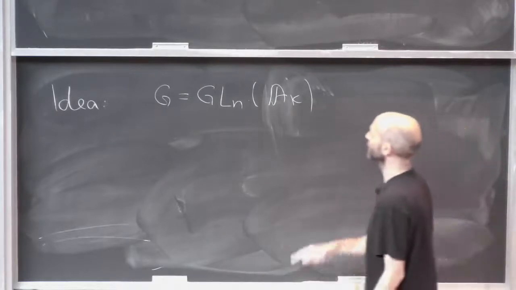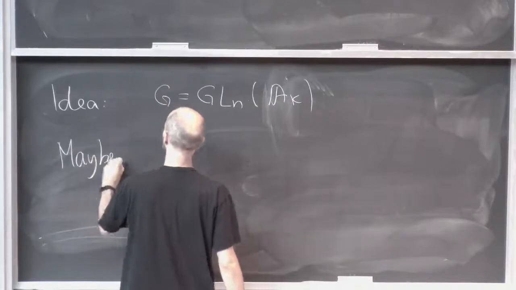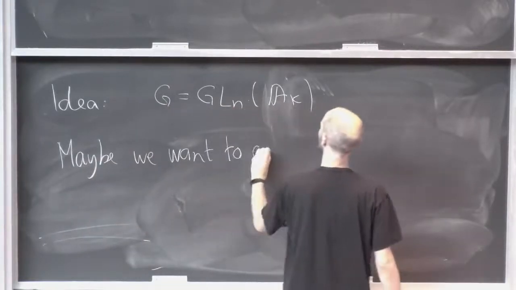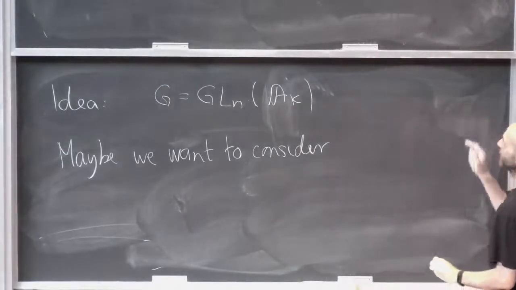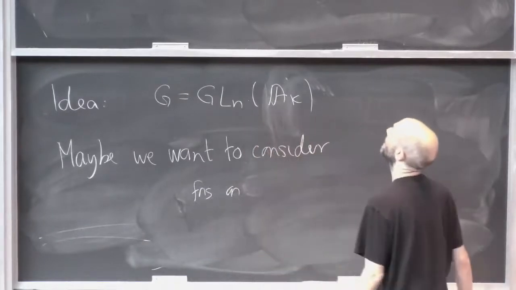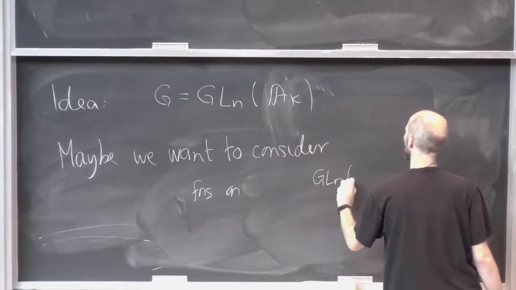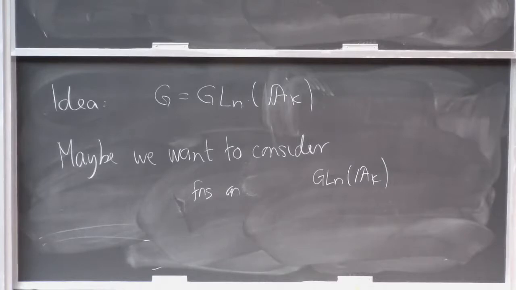Maybe we want to consider C of H mod G, so functions on, maybe not on GLN of K, but maybe there's just some random magic subgroup H, and we want them to be constant on cosets of that.